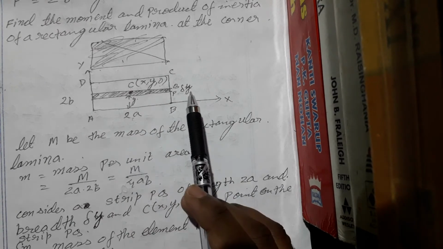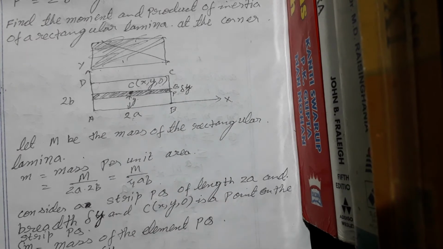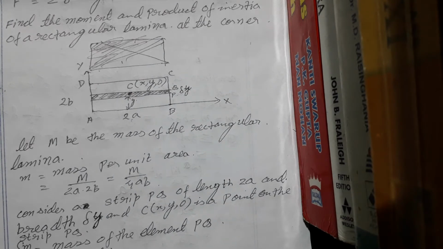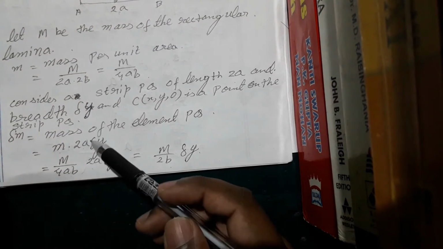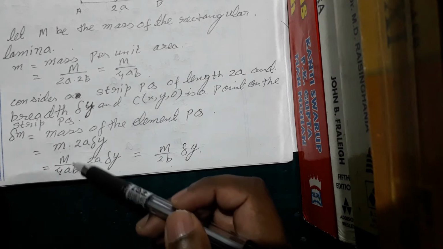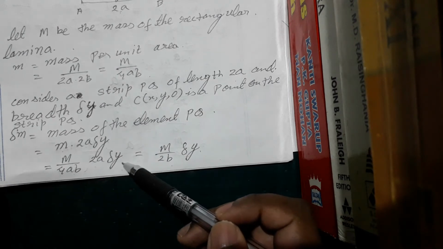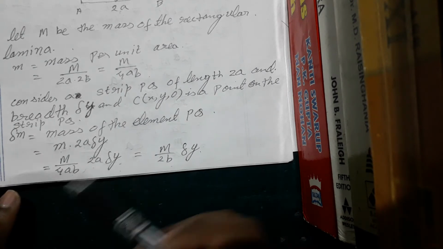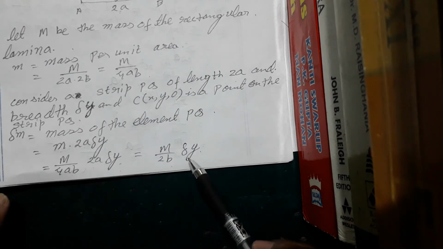The length is 2a and the breadth is delta y, so we have 2a delta y. Small m is mass per unit area, so we have M by 4ab into 2a delta y. Cancelling, we get M by 2b delta y.